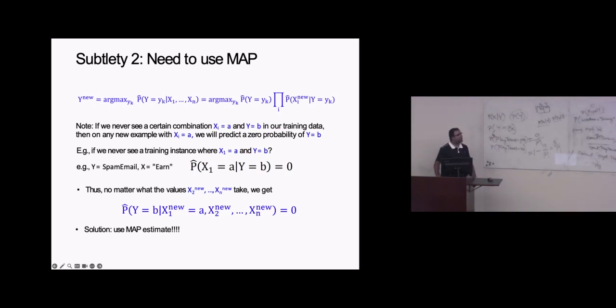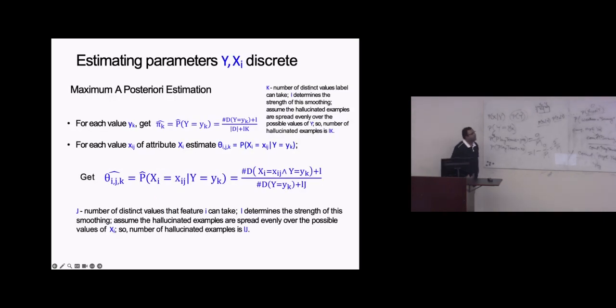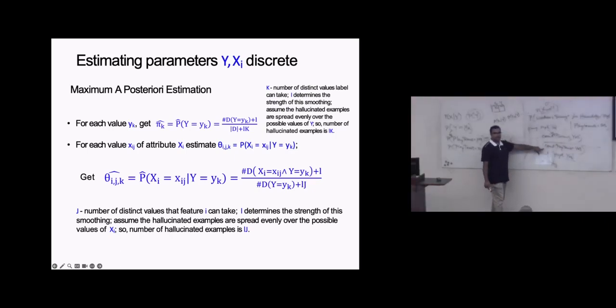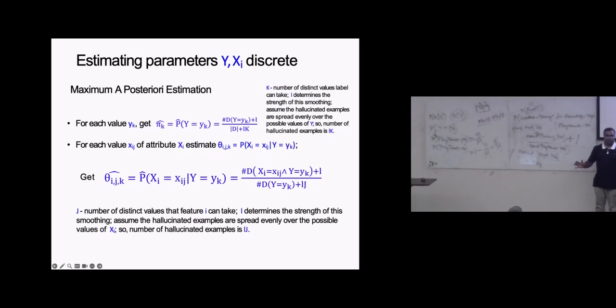If one term is 0, we will be essentially computing 0, because multiplication by 0 is 0. So we do some tricks. Instead of this count divided by this, one simple idea is to just say this count is always plus 1. Dumb, but works. It's called Laplace smoothing.